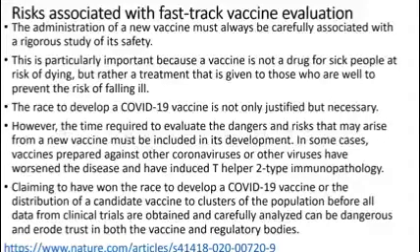So, why you need such a long time for phase 1, phase 2, and phase 3 trials is that you have to evaluate not only the efficacy, but also the side effects, cytotoxicity, the dangers and risks that may arise from a new vaccine. So it must be included in its development.